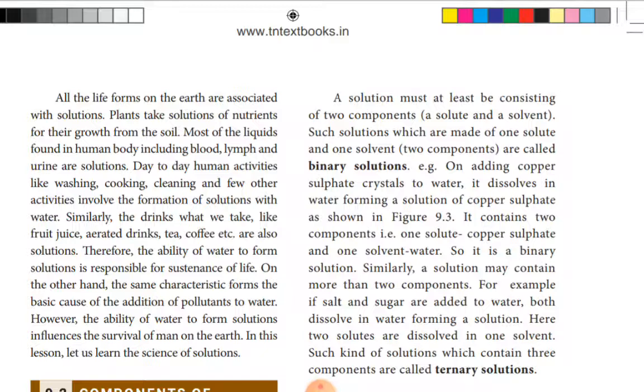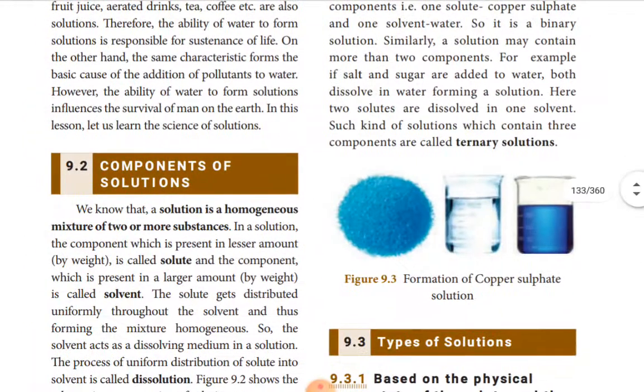Example, sugar in water, salt in water. Suppose a solution contains three components, for example, sugar, salt and water. There are three components. Then we can call it a ternary solution.